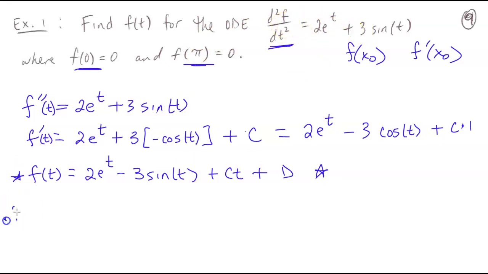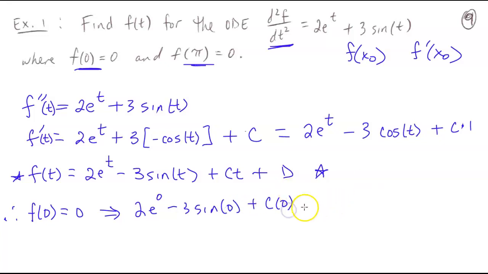To use our initial conditions now, we first let f of 0 equal 0, and that implies that everywhere we see t, we allow that to be 0, and we have that equal 0. That makes the sine term go to 0 and the c term go to 0.